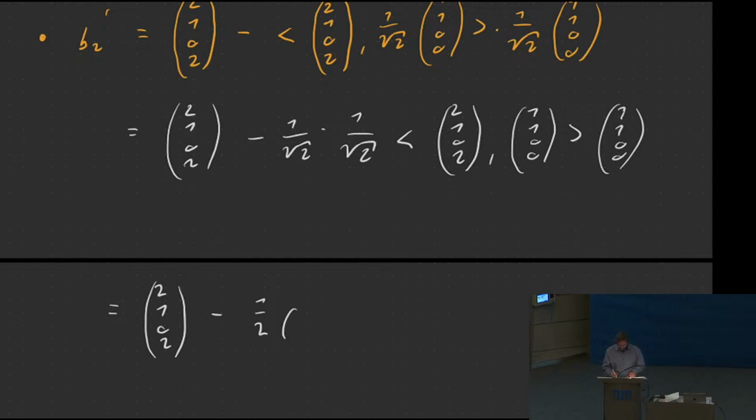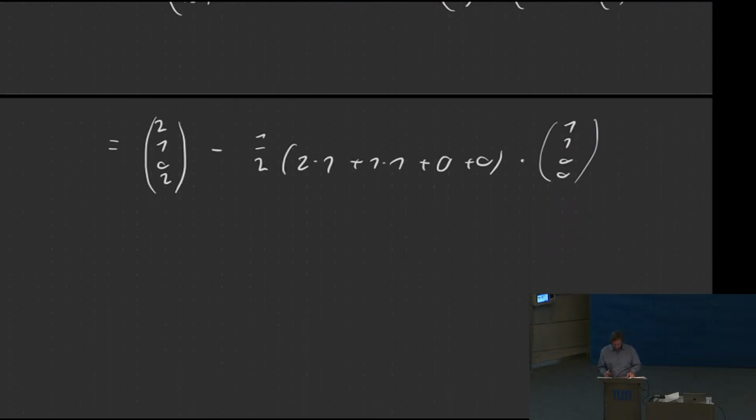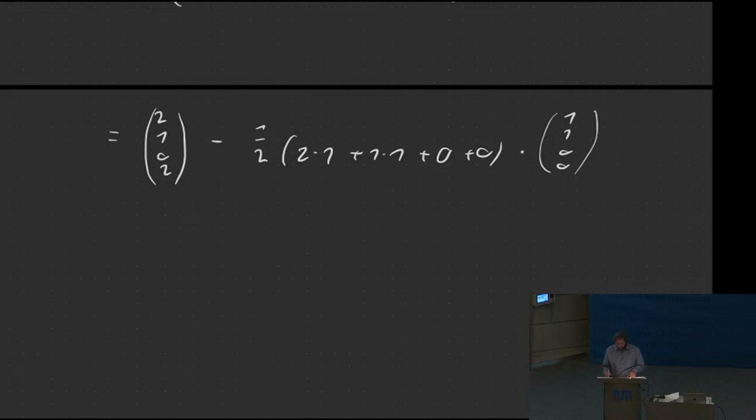The scalar product of those two vectors is, let's see, 2 times 1 plus 1 times 1 plus 0 plus 0, times this vector, (1, 1, 0, 0). All right, so what I get here, (2, 1, 0, 2) minus, let's see, 2 plus 1 is 3, so I have 3 over 2 times (1, 1, 0, 0).